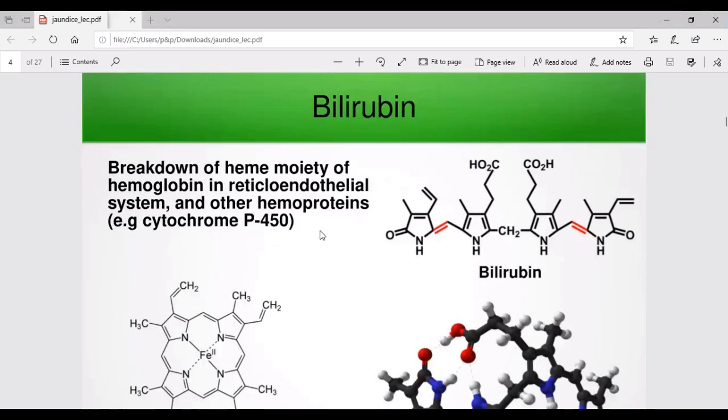We have other heme moieties in other tissues like cytochrome P450. But mainly, the breakdown of hemoglobin is the main source of bilirubin in our body.